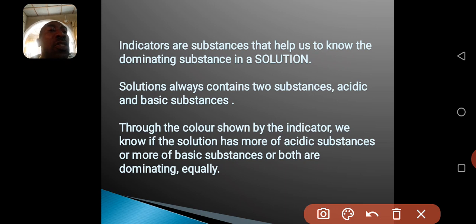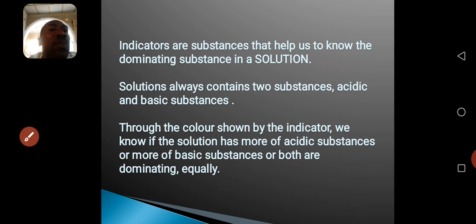And through the color shown by the indicator, we know if the solution has more of acidic substance or more of basic substances, or maybe they are dominating equally. So when you put indicator in a solution, depending on which is more, the indicator will show with the color that it will display.